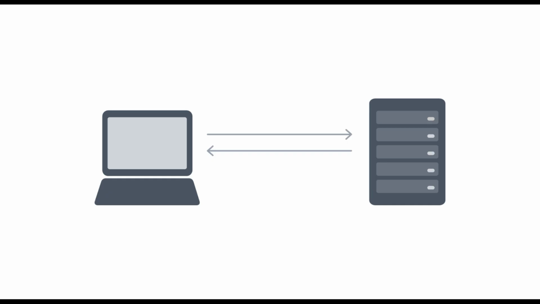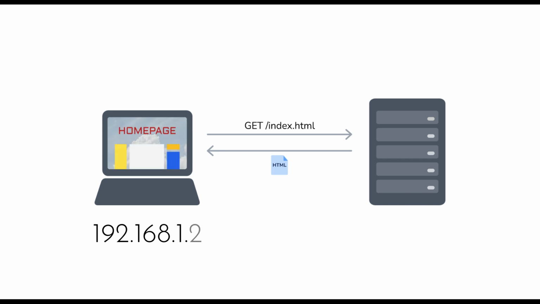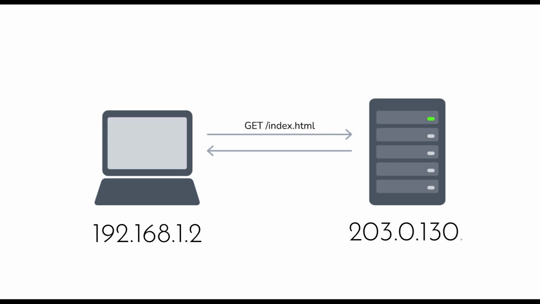For example, when a computer with a private IP address, such as 192.168.1.2, requests a web page from a server on the Internet, the router replaces the source IP address in the outgoing packets with its public IP address, such as 203.0.113.5, or different in your case.